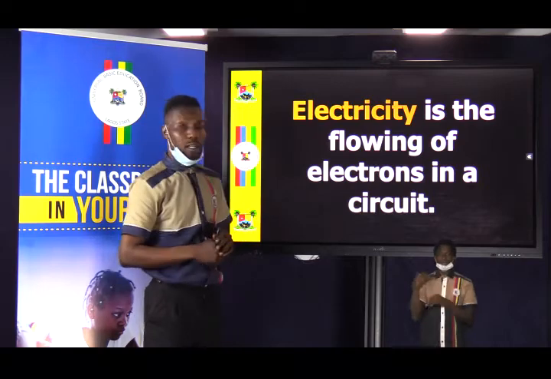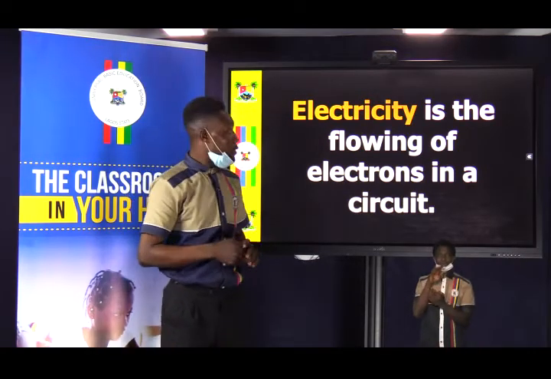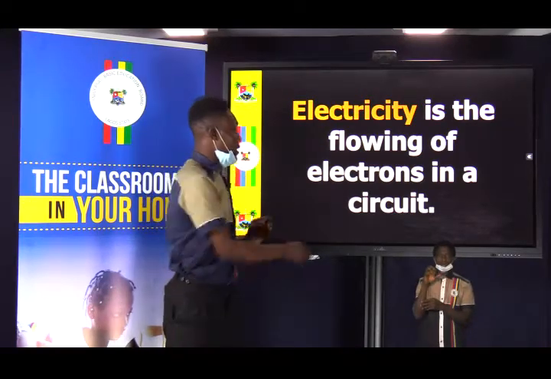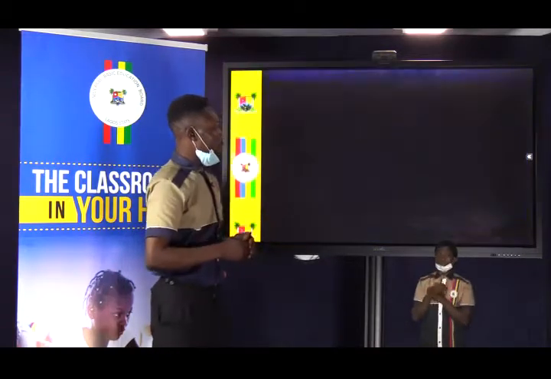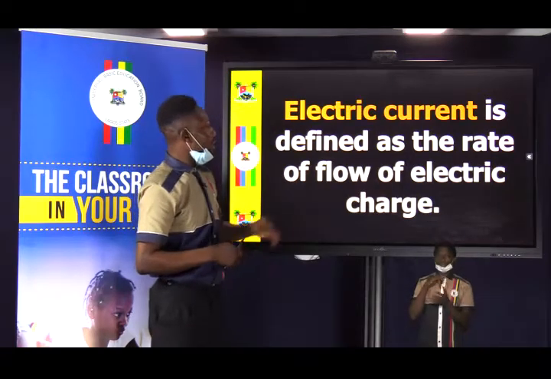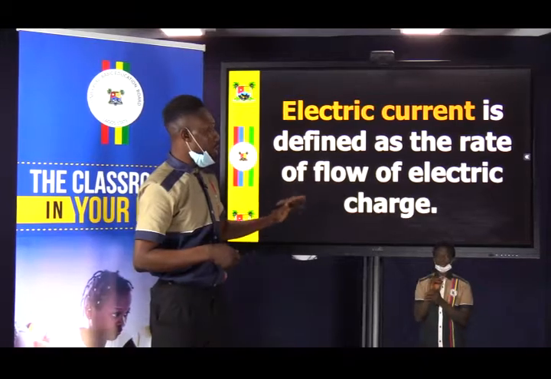Electricity is the flowing of electrons in a circuit. When we say electrons, what are we talking about? Electric current is defined as the rate of flow of electric charge.